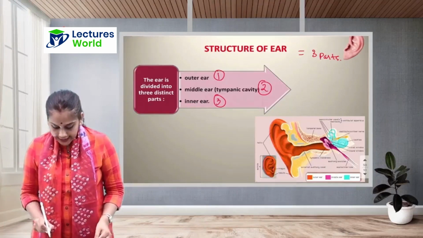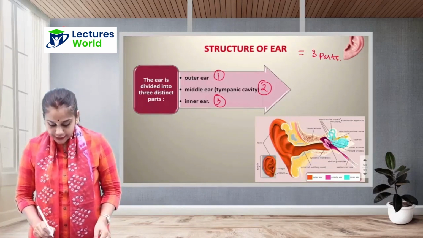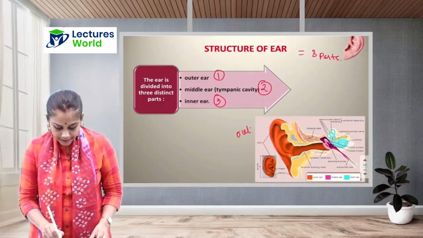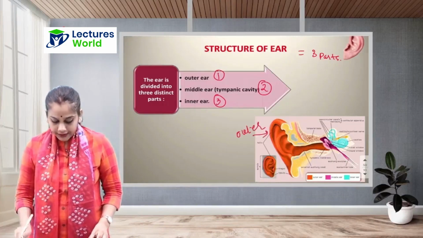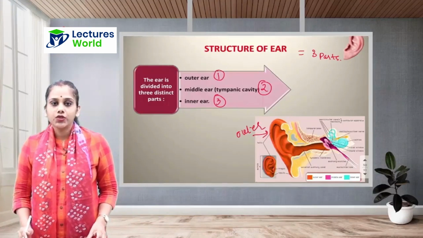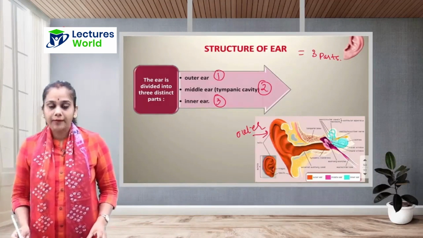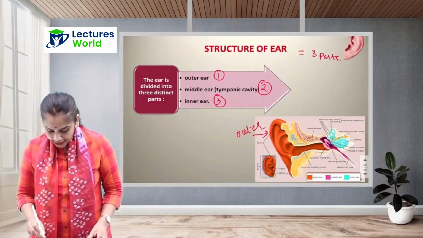You can see in the figure the orange color shows the outer ear. Then the middle ear, also known as the tympanic cavity, is shown in pink color.